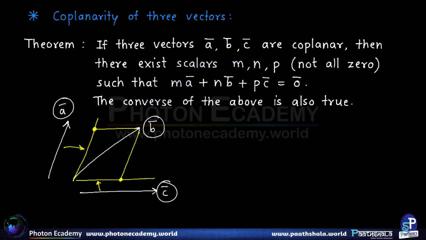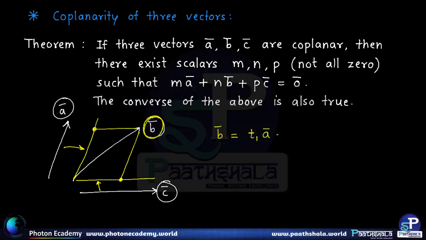So thereby b bar can be written as a linear combination of a bar and c bar. So we can write b bar is equal to some t1 a bar plus t2 c bar.